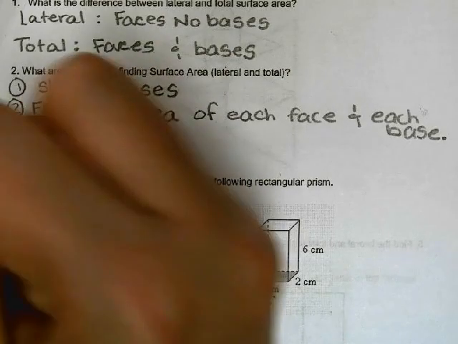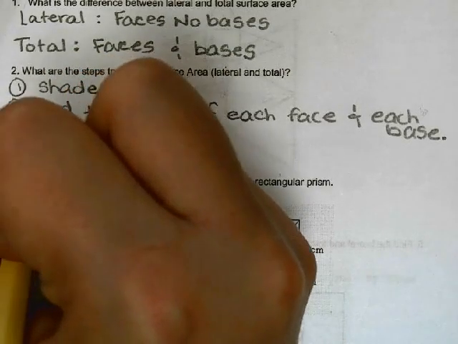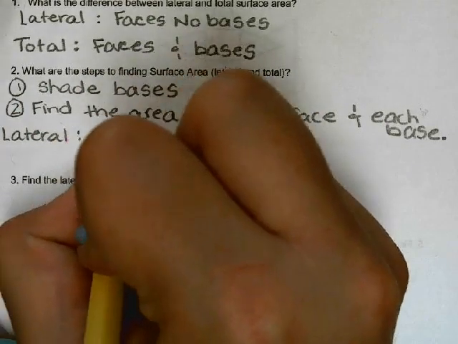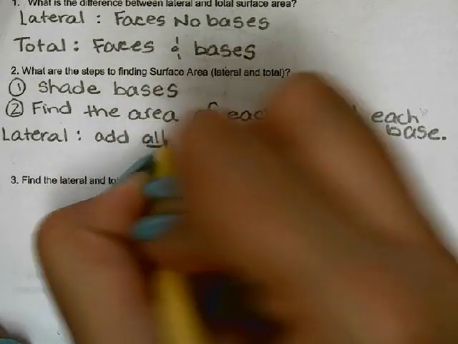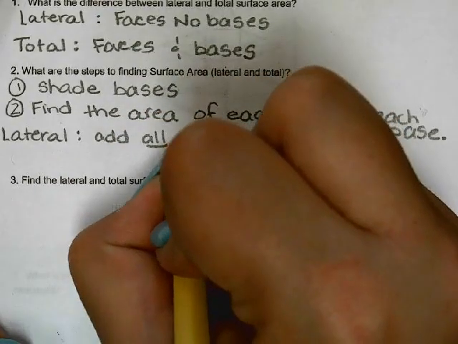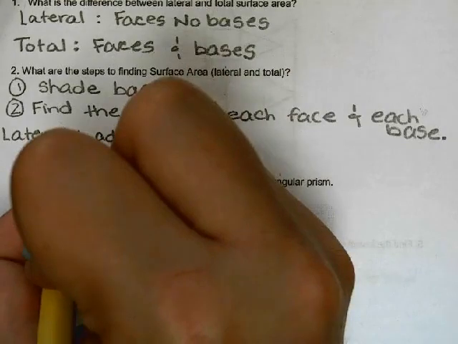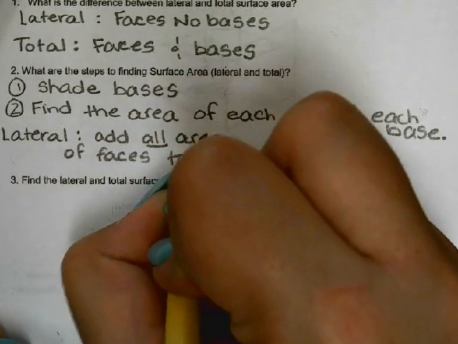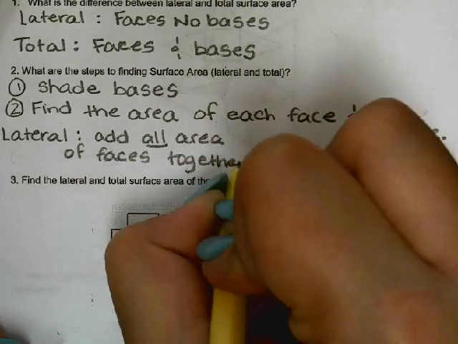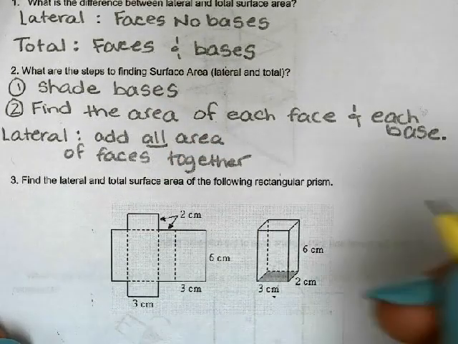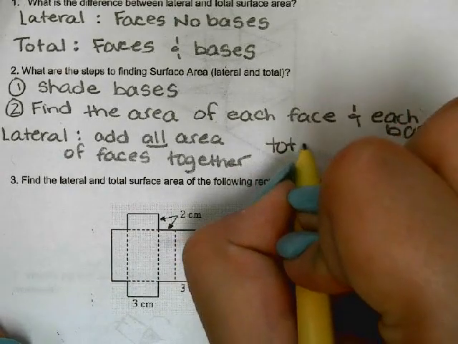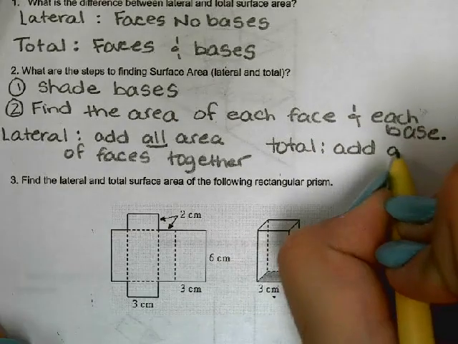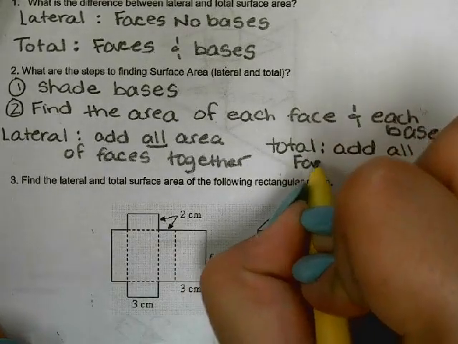So if you're finding lateral, your next step is to add all the area of faces together. If you're finding total, you're going to add all faces and bases together.